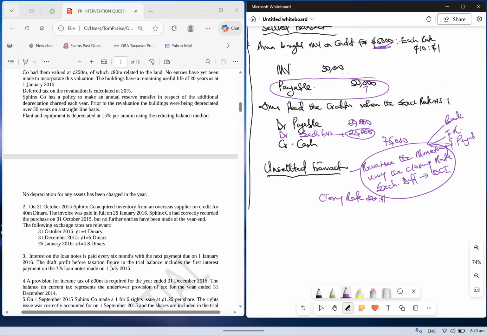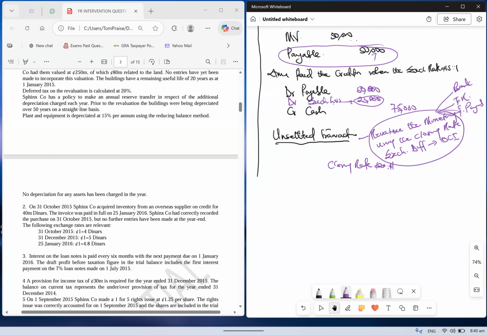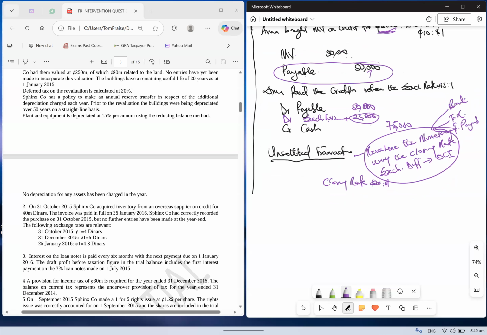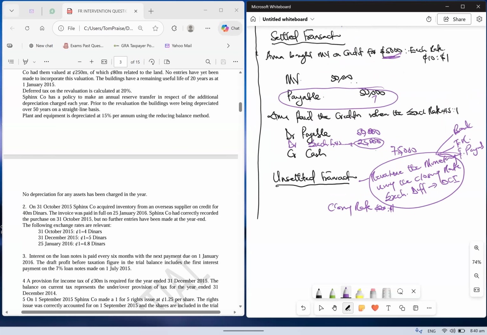The money is 5,000. So when we revalue using 20 cedis, the payable, which is 50,000, must increase to 20 by 5, which is 100,000. So the question is, how much should I add to what is already at the credit side so that I will get 100,000?